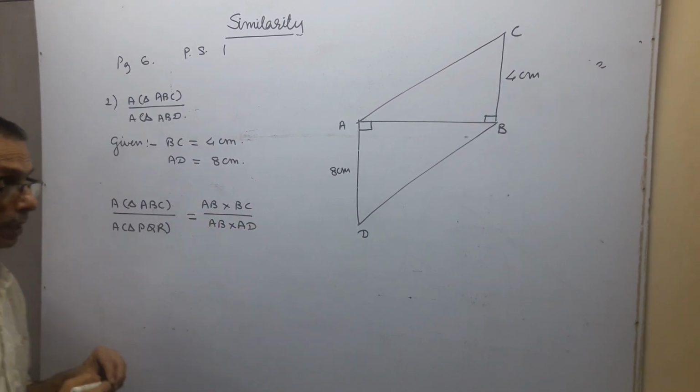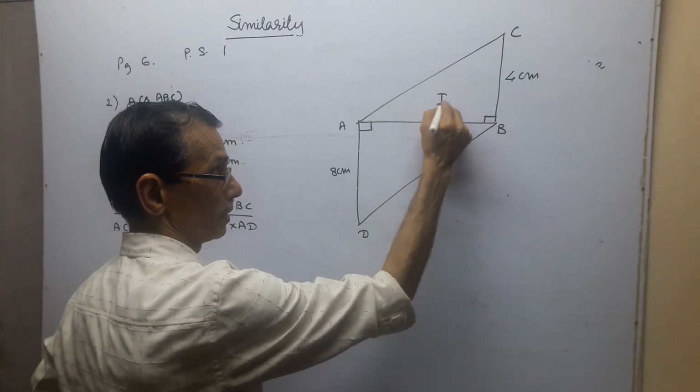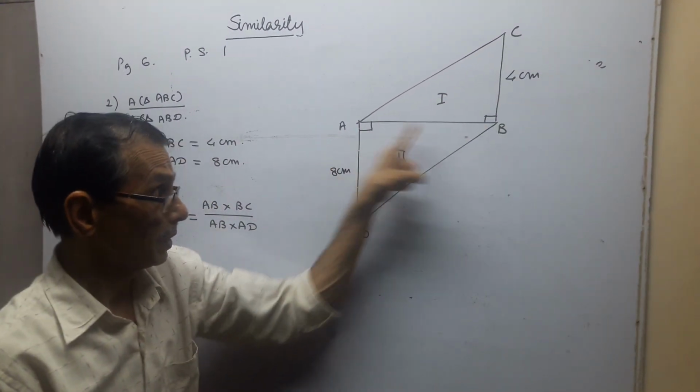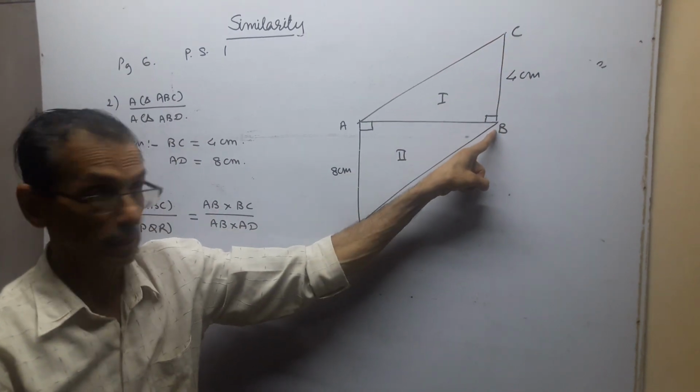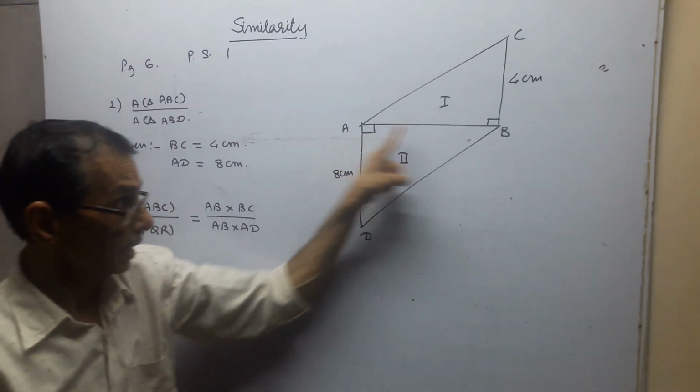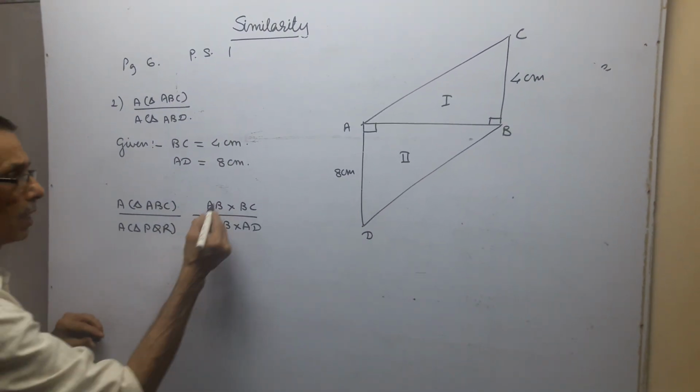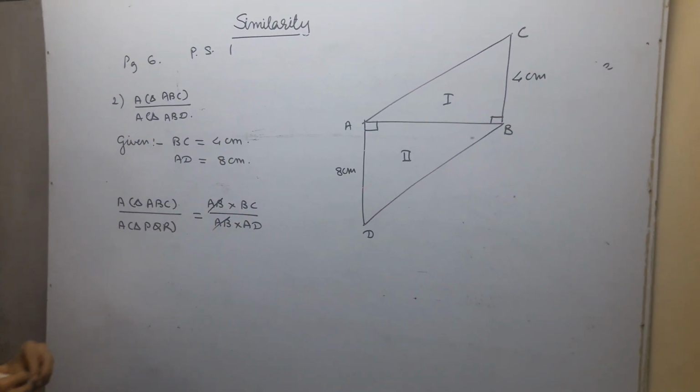See once again, there are two triangles. First triangle is this and second triangle is this. For this triangle, AB is the base, BC is the height. For the second triangle, again AB is the base and AD is the height. And therefore, they have the same base, so the base will get cancelled.